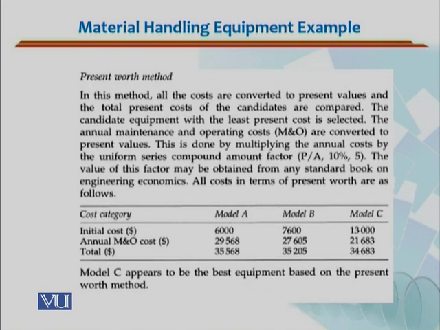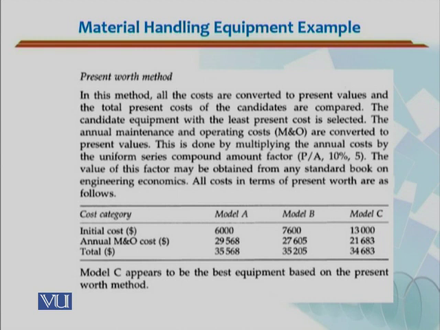The first method which we will discuss would be the present worth method. You would know it from some of your courses in accounting. In this method, all the costs are converted to present values and the total present value cost of the candidates are compared. The candidate equipment with the least present cost is selected.